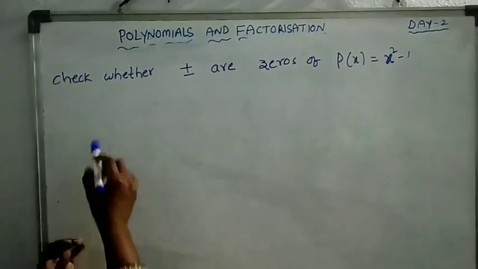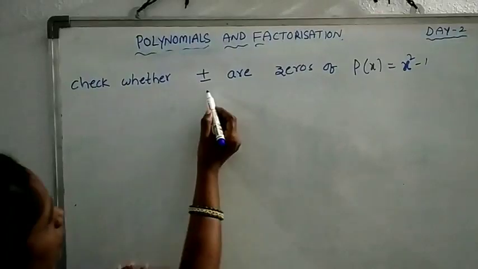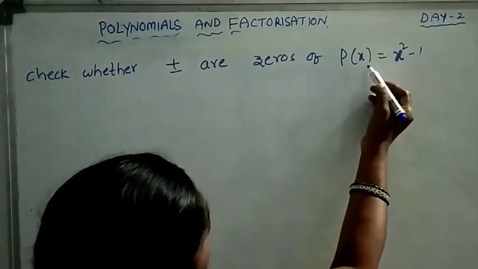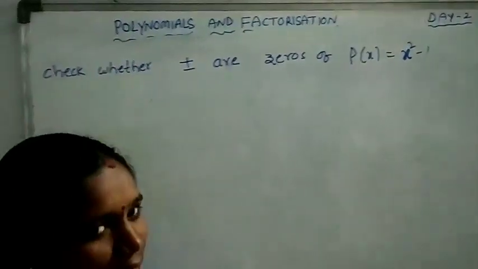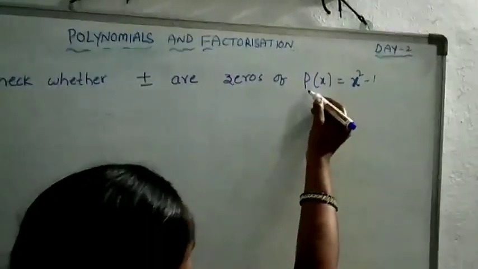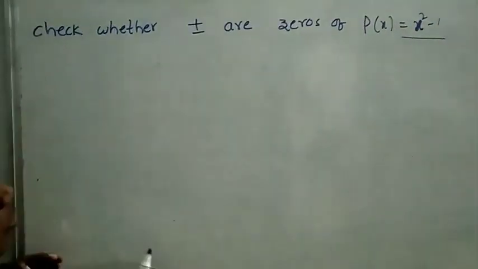Okay, children, we will see one more problem. Check whether plus or minus 1 are zeros of p of x is equal to x square minus 1. So what is given here? We have a polynomial x square minus 1. What we have to do?